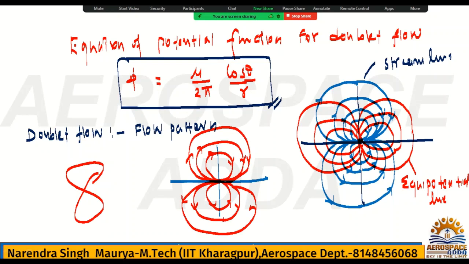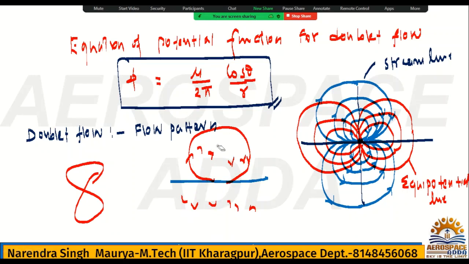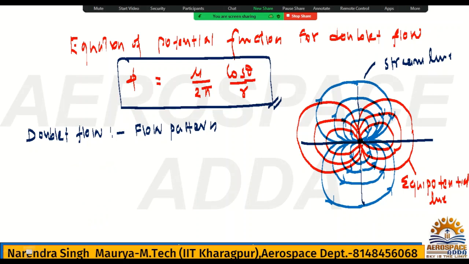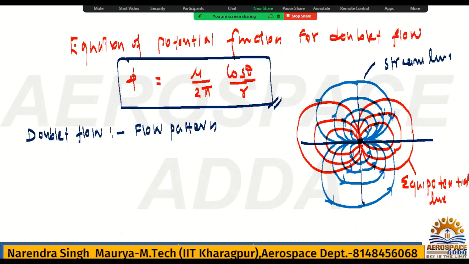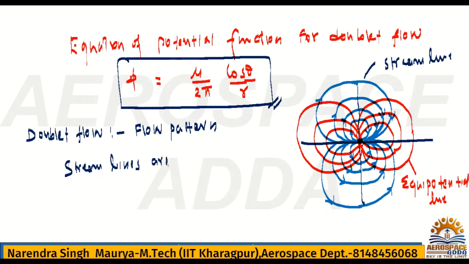So basically, if you check here, better I will remove this figure. Otherwise, you may get confused why there are two figures. It is just for your understanding only. Yes or no? So basically, streamlines are circles.